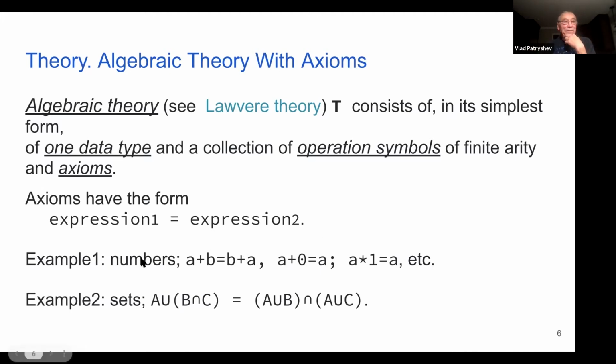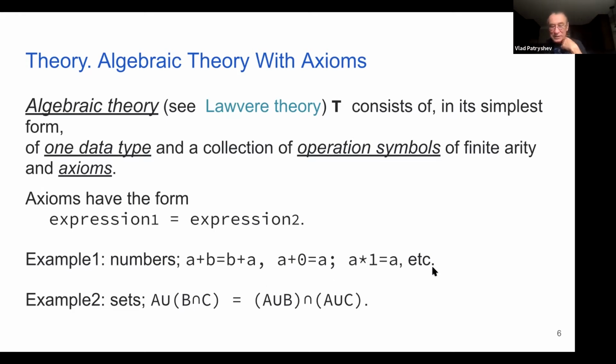Here's an example of an algebraic theory of numbers. We don't know what numbers are, but we have the operations plus and multiplication, we have 0, we have 1, and we have all these things like commutativity, neutral element for addition, neutral element for multiplication, and so on. I'm not going deep into numbers.